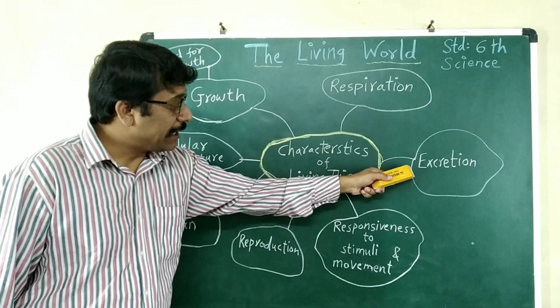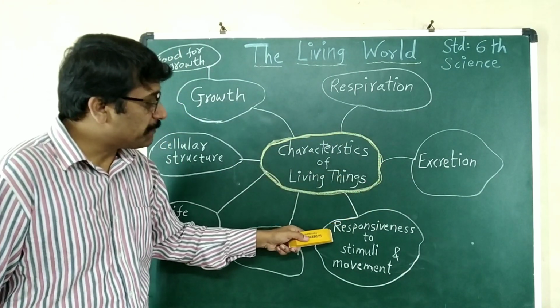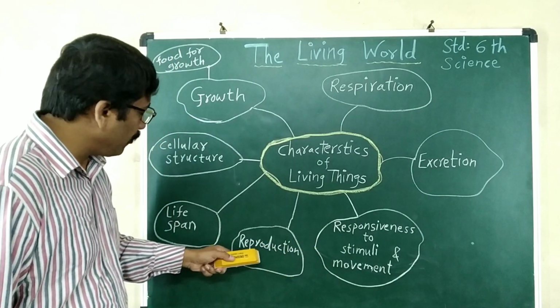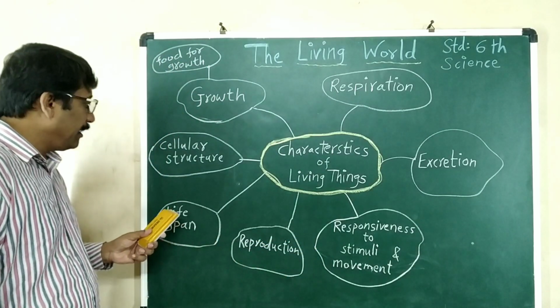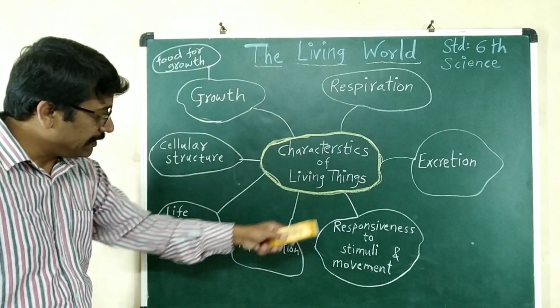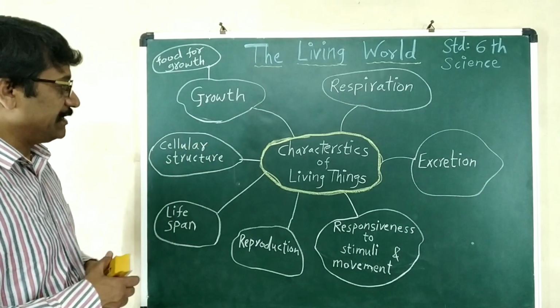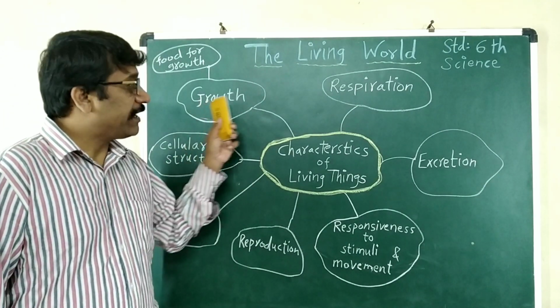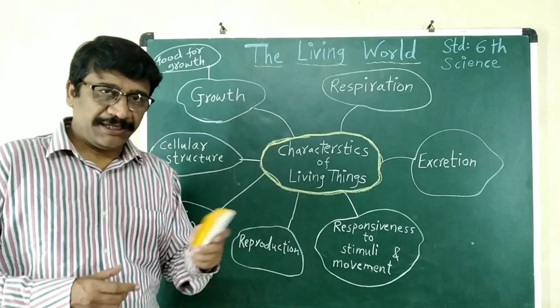Then excretion, then responsiveness to stimuli and movement, reproduction, lifespan and cellular structure. These are the characteristics of living things. Now we will see every characteristic in detail.